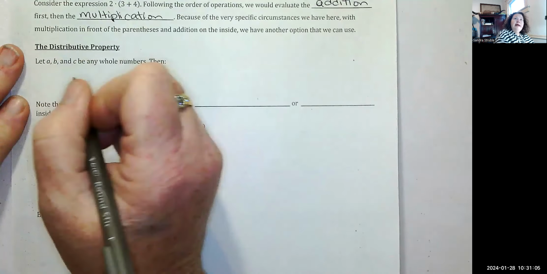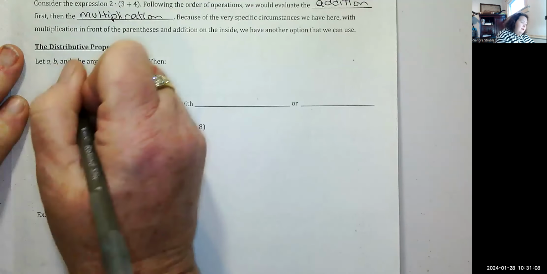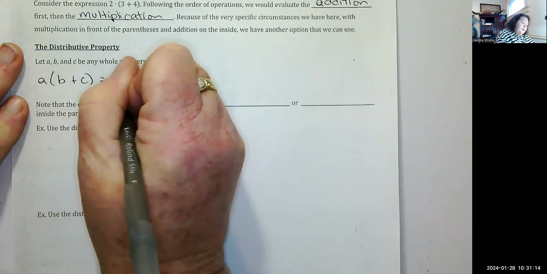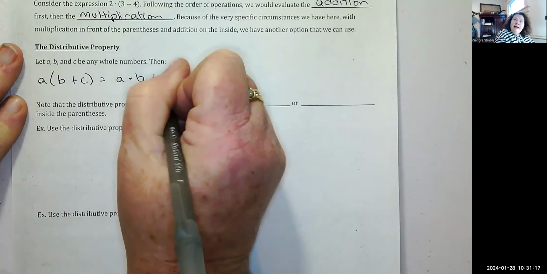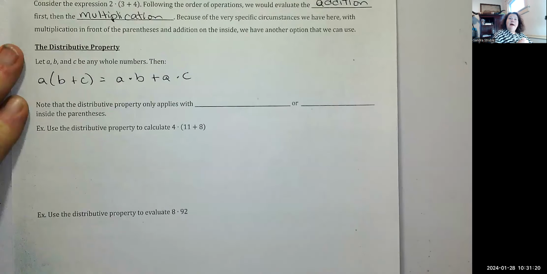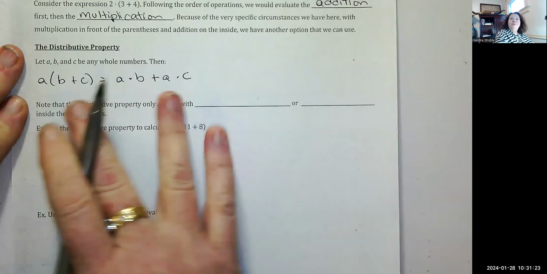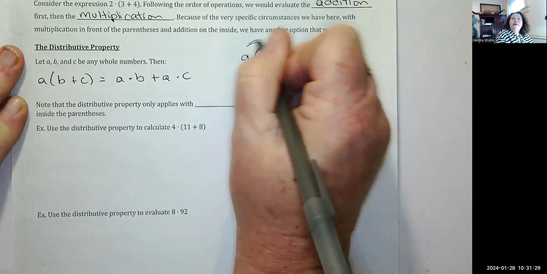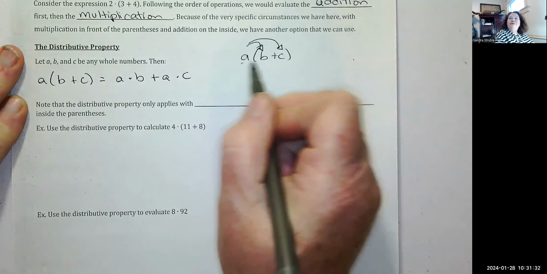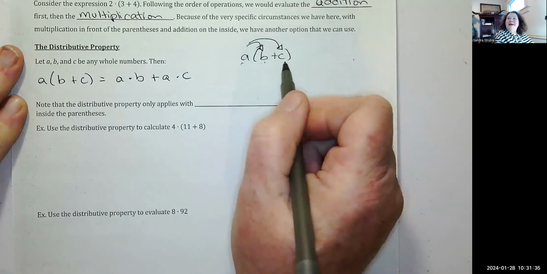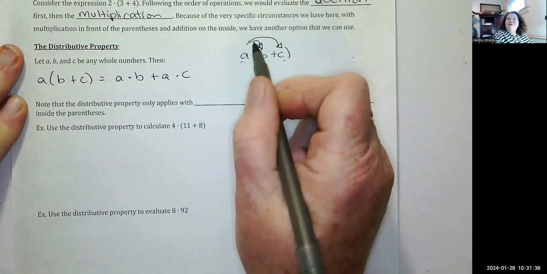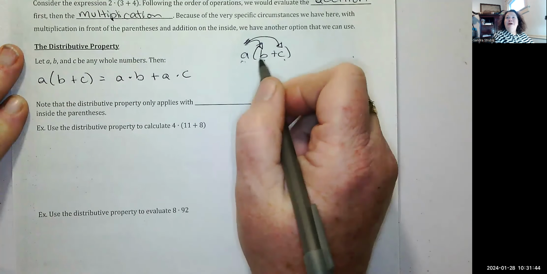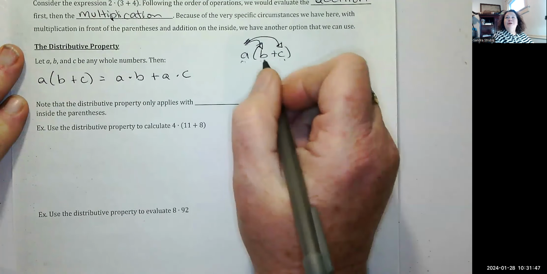And what that means is if you let A, B, and C be any numbers, A times (B plus C) is equal to A times B plus A times C. The way I like to write this, if I have A times (B plus C), I like to make arrows because I find students multiply the first two and then they forget to multiply the A to the C. So I always draw the arrows, even in class, even when I'm doing it by myself, just to make sure I remember to distribute completely across that binomial, or however many terms you have.